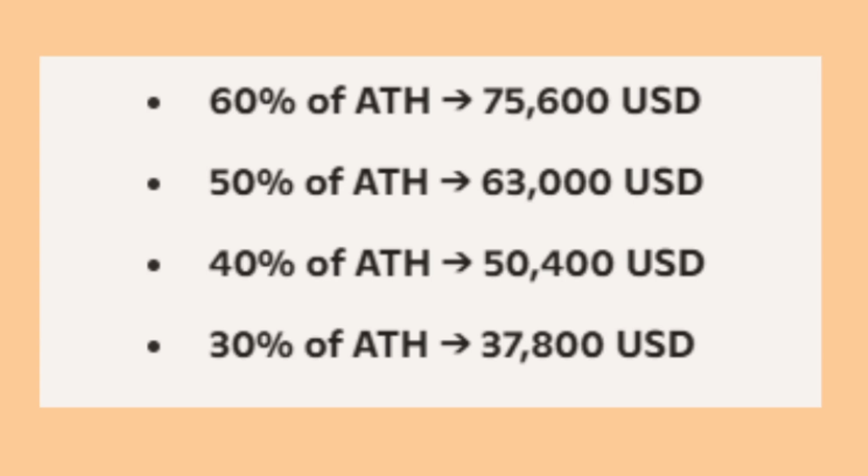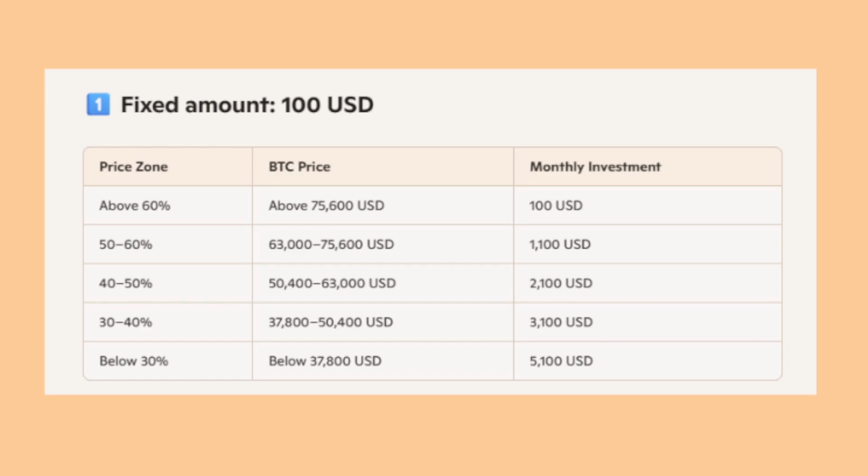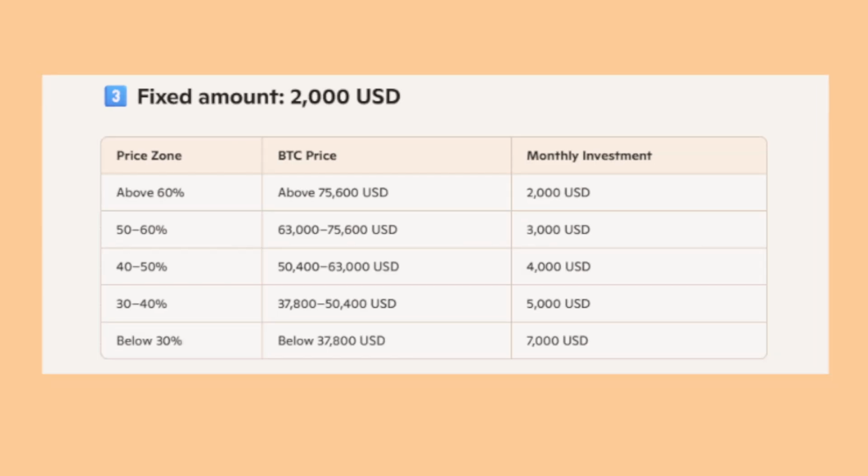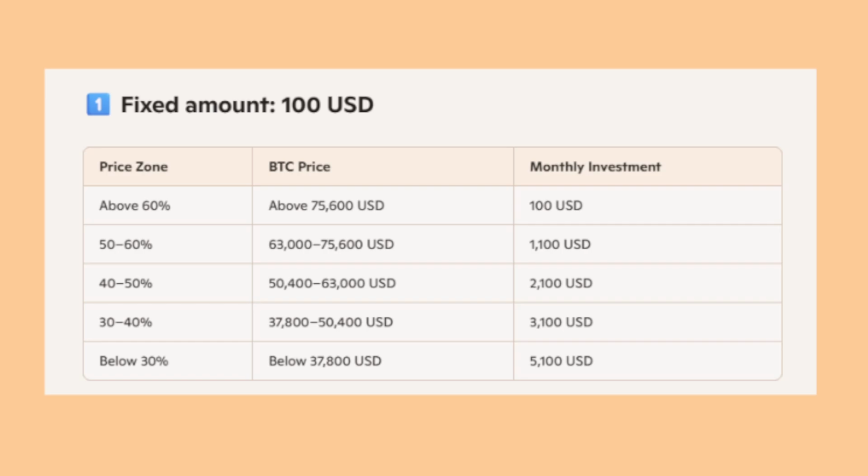Now let's make this practical. We'll look at three different fixed amounts: $100, $1,000, and $2,000. For instance, if we go to the $100, we will have a BTC price above $75,600, and so on, depending on where we are in the price zone.